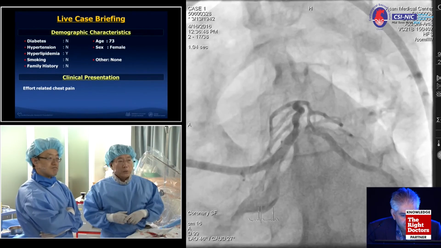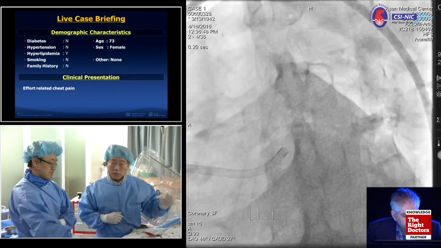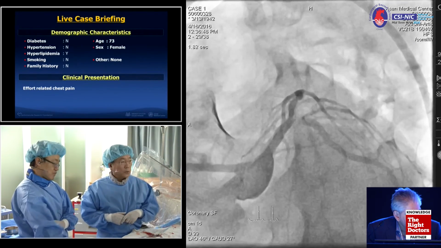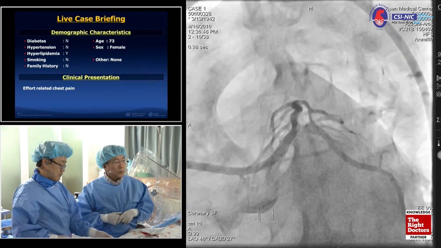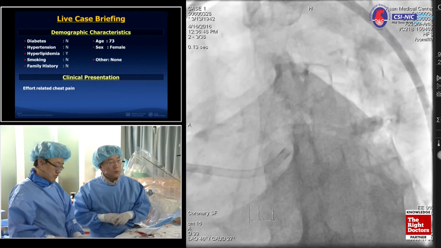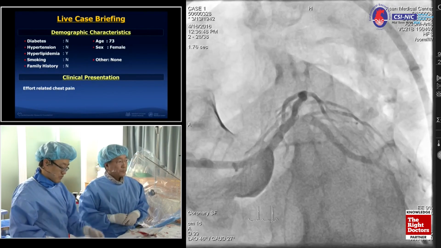So I still believe PCI would be another option for this particular patient. Okay, it's good. Reasonable options; for the main disease, surgery is good. Any other suggestion for that?